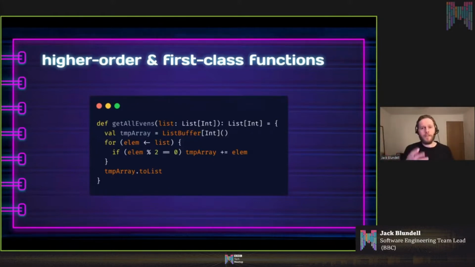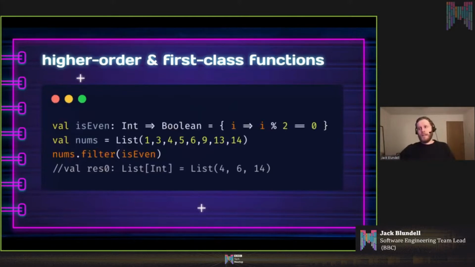In functional programming, the languages do have these built-in functions, and one of them is filter. Here we have a simple function isEven, which takes in an integer and returns a Boolean depending on whether it's even or not. We also have a list, and list has filter as one of its built-in functions. So we're passing isEven into filter, and filter is going to go through every element in the list and apply the isEven function to it.